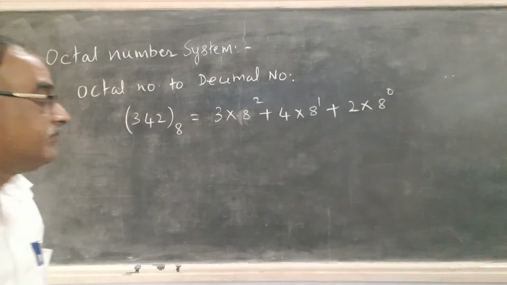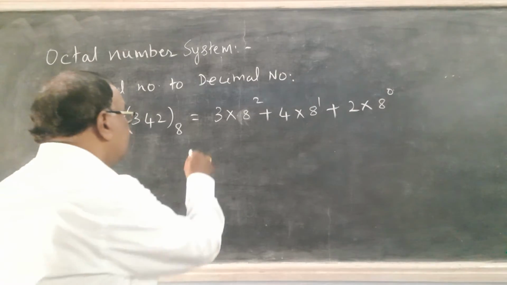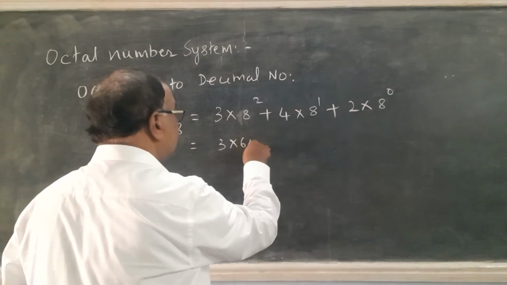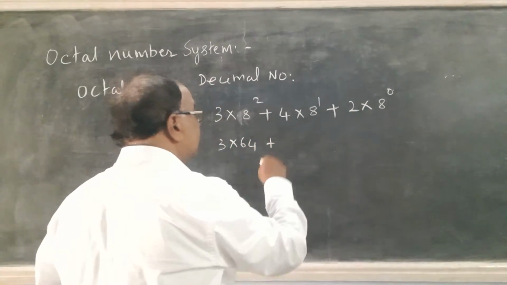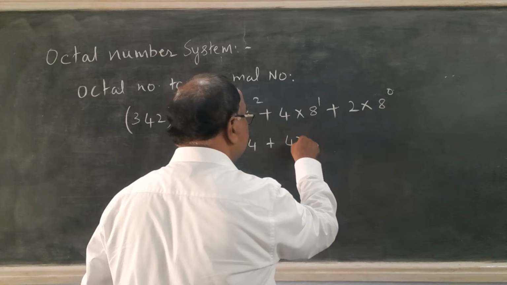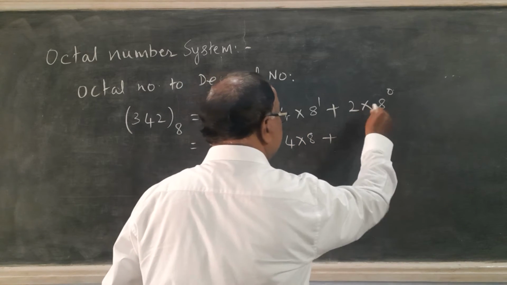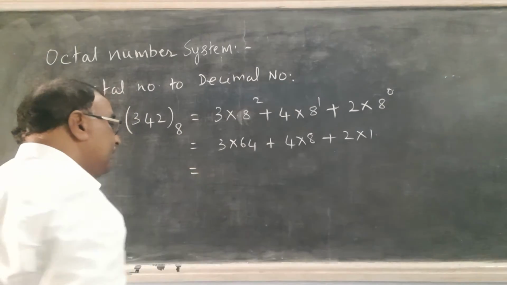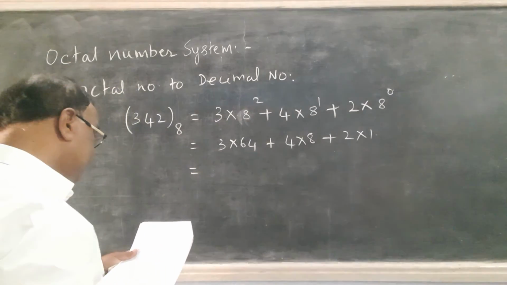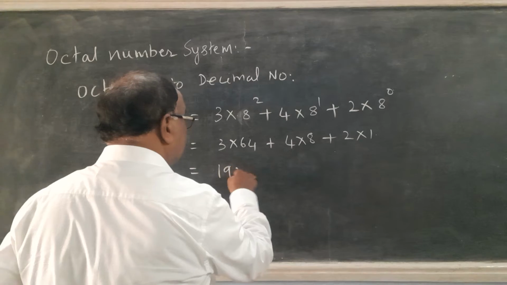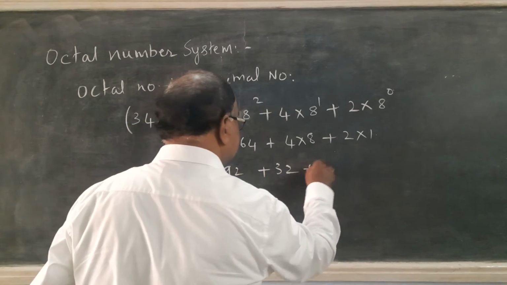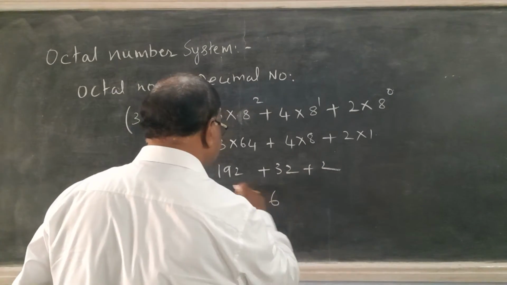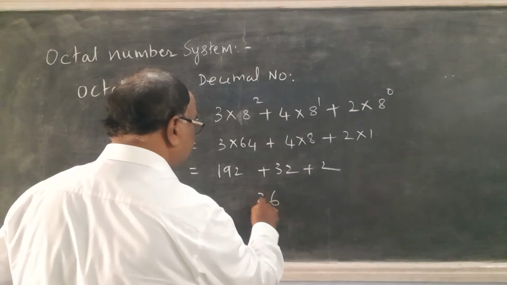That is 3 into 64, which is 192, plus 4 into 8, which is 32, plus 2 into 1, which is 2.